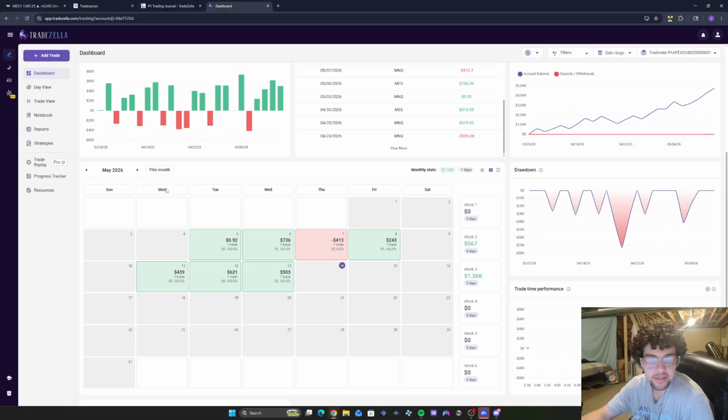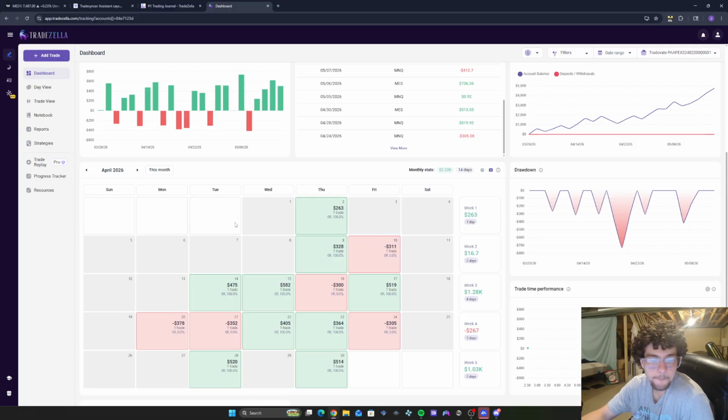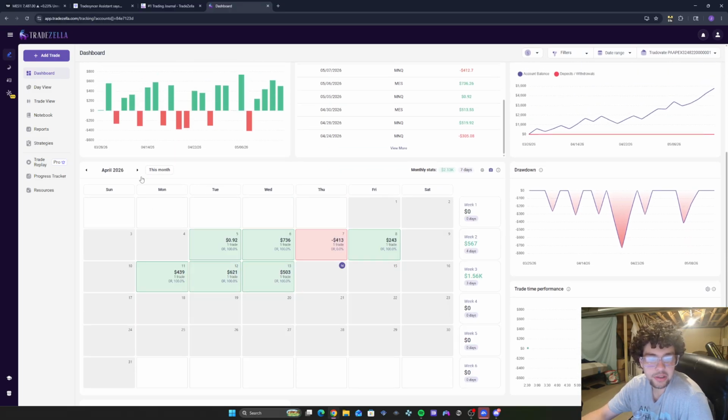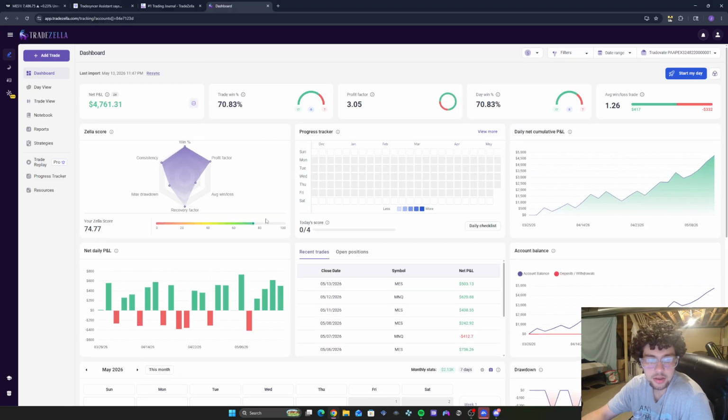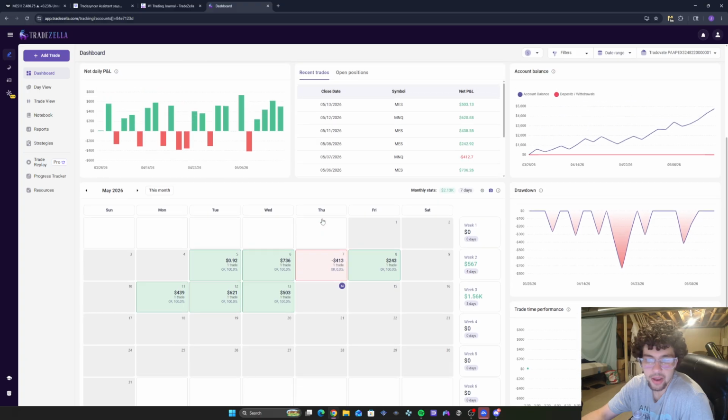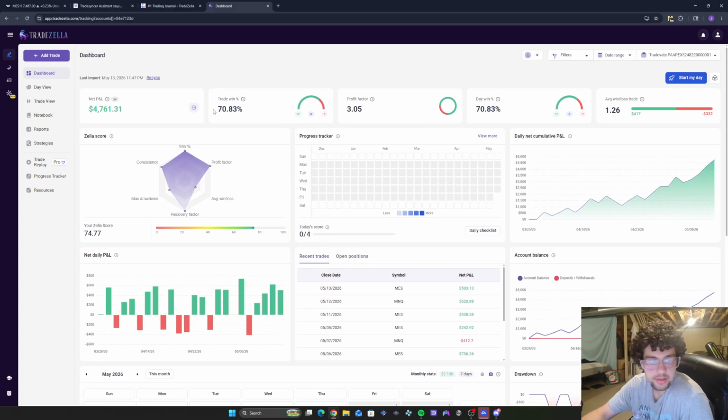This is what I'm saying. I'm currently almost up as much as I was last month fully, in the first 2 weeks of the month. This is an above average month easily. 70% win rate over, what do we have here? Almost 30, 24 trades, almost 25 trades.